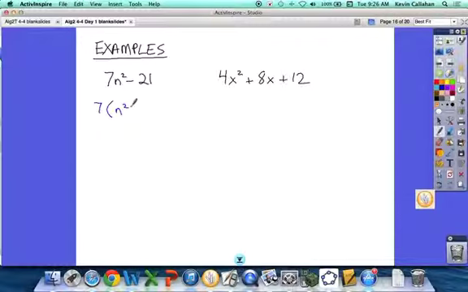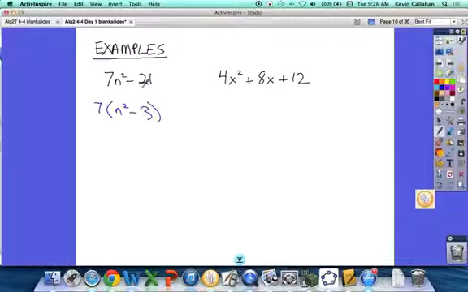What happens when you take 7 from the 21 term? 21 divided by 7 is 3. Okay? So just to verify, make sure that if you go in reverse, do the distributive property, you get this back again. 7 times n squared, 7n squared. 7 times negative 3, negative 21. That's the factoring of it.